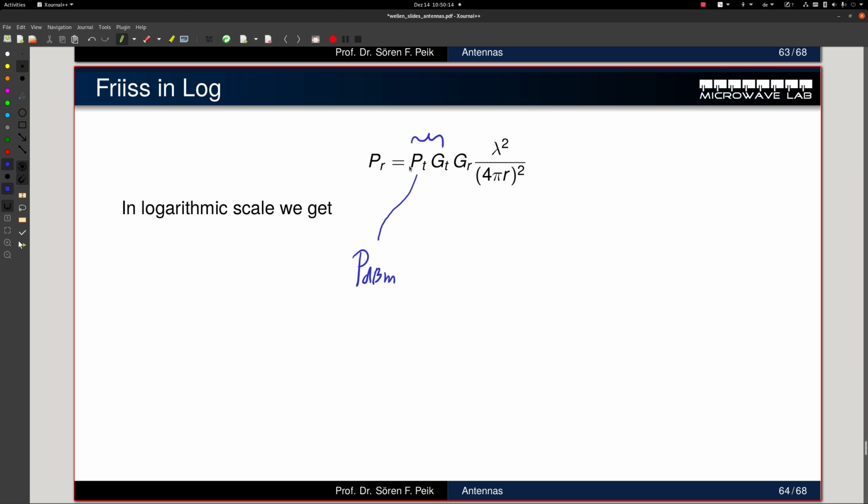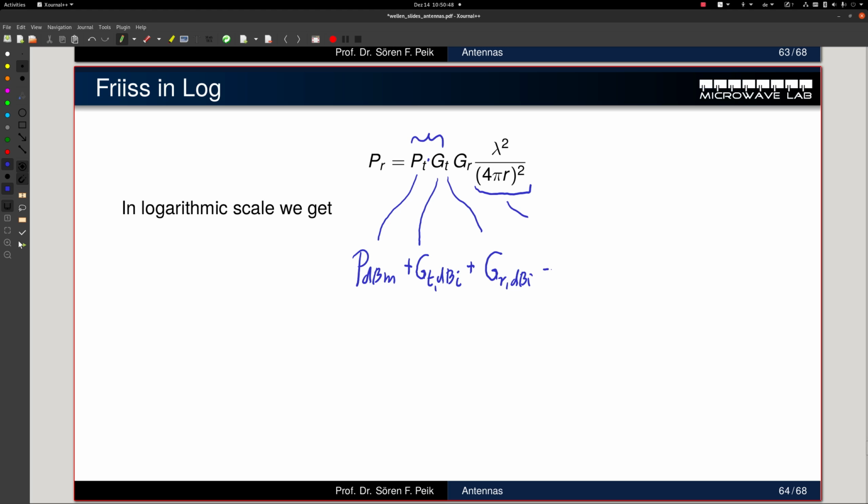Then transmit power times gain on logarithmic scale is just adding the two. And now the gain has to be given in dB, or as we usually say, in dBi. And the same we do for the receive gain. Just adding these things, and now I have to add this last piece here.